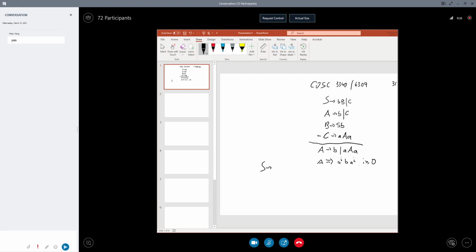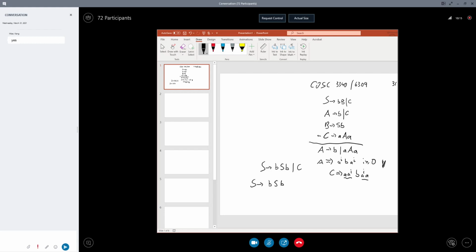Then we have S goes to little b capital B, and capital B goes to SB, so that gives us S goes to bSB, or C. And C gives us a^i a a^i, because C goes to A, and A is this, so that's one more little a.